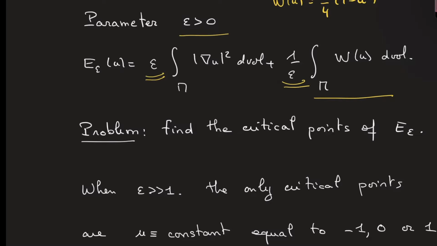And the first term will force the solution to go smoothly from the value -1 to the value +1. So what you expect is that as epsilon tends to 0, the solutions look like functions which are almost equal to +1 or -1 almost everywhere, and there is a transition region where the function jumps from -1 to +1.